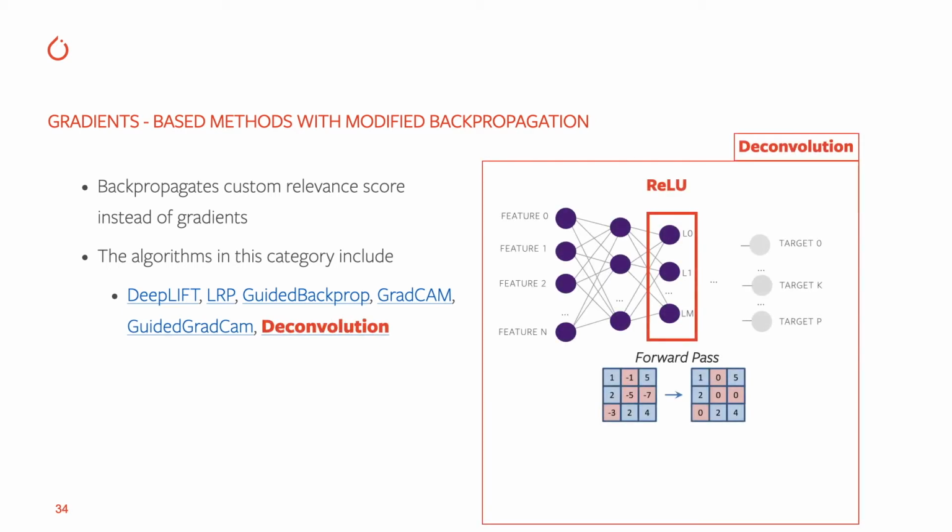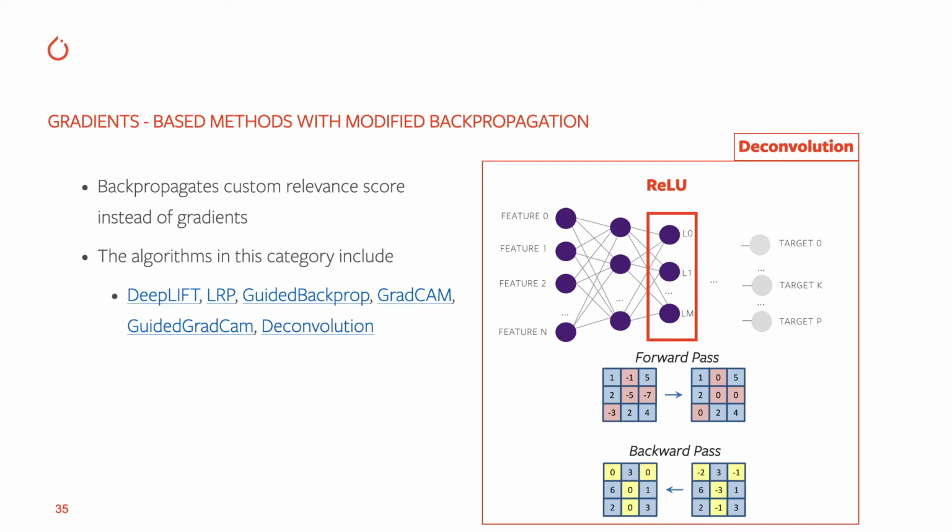Let's look deeper into one of those approaches, namely deconvolution. Let's assume that we are given a deep learning model that has ReLUs in some layers, as depicted on my right side of the diagram. We also visualize forward paths for the ReLU activation.